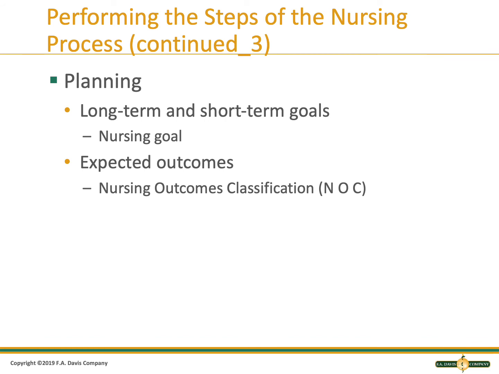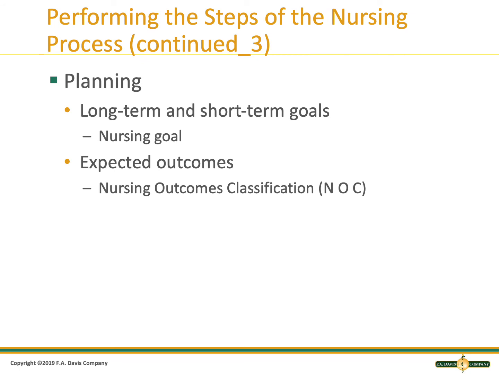And then expected outcomes. You'll see on your nursing care plan paper, there is a column for expected outcomes. So those are statements of measurable action for the patient within a specific time frame and in response to nursing interventions.